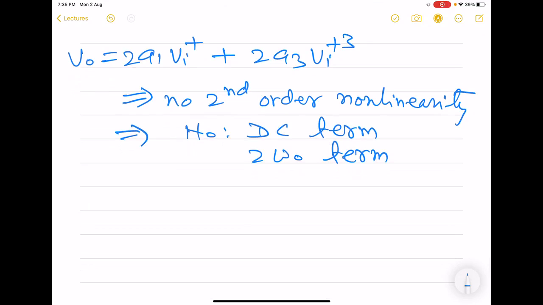By extension, if we were to include other higher order even terms, for example fourth and so on, you can see that they will also get eliminated.